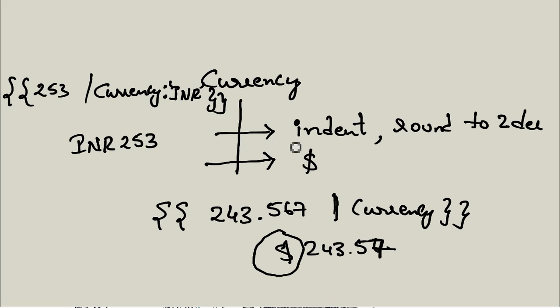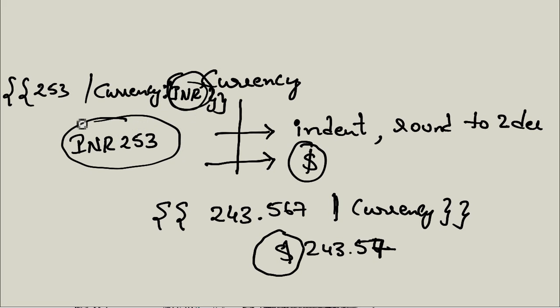So we can change this default dollar sign. How? We have to give an input parameter for this filter. So we give an input parameter with a colon and we say INR. Now we will get it as INR of this number.